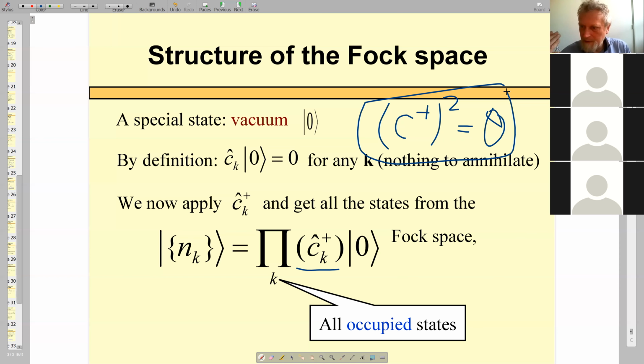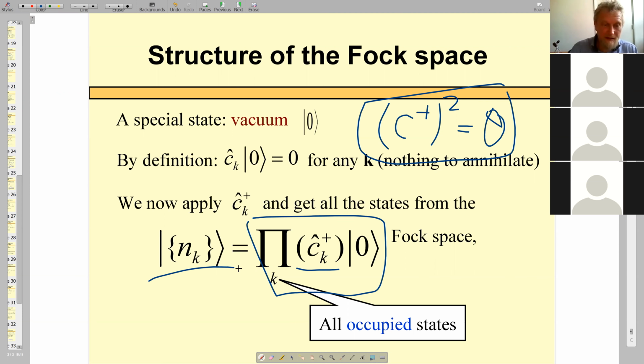Application of the operator gives you no wave function, an unnormalized vector in Hilbert space. Right, in vacuum we could not annihilate, right? So if you apply the operator to 0, it is 0. Creation of two fermions at the same time gives you 0 for all possible states. Good. Otherwise, it's a nice formula. We can create all number states by application of a certain number of creation operators.